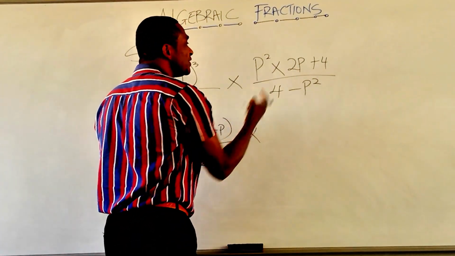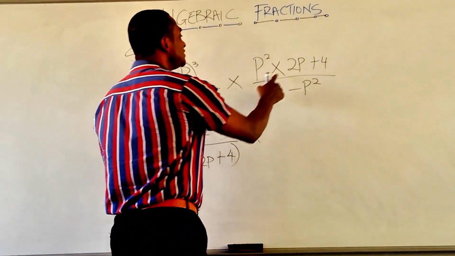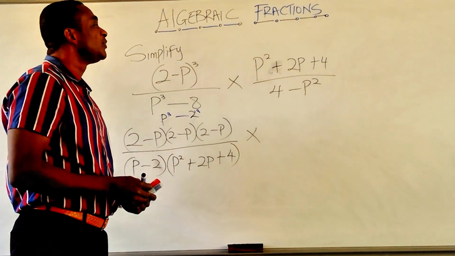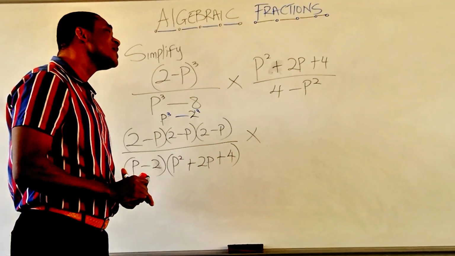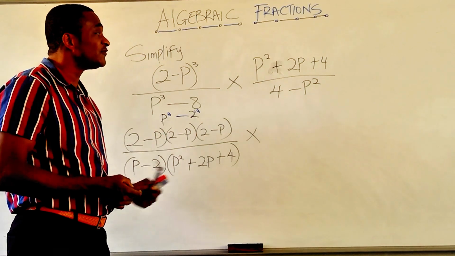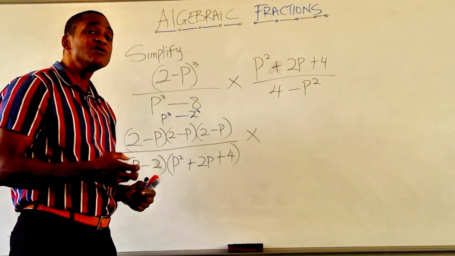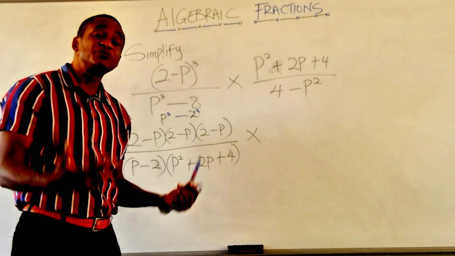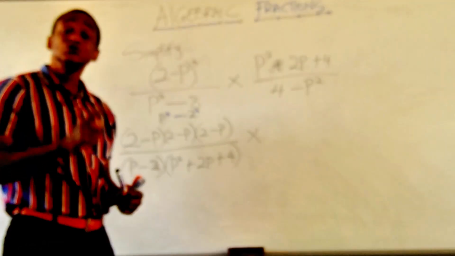Now we go to the other one. It is a trinomial, and that is (2 minus p) times (p squared plus 2p plus 4). Now if we look at that, it is not factorizable. We can solve it, but it's not factorizable. Whenever you have an algebraic fraction and an expression that is not factorizable, do not stress.